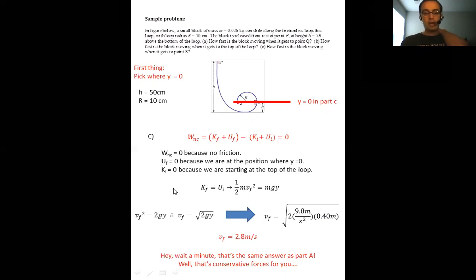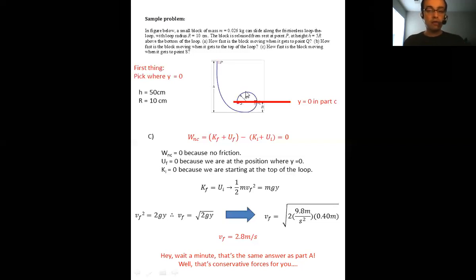And you say, hey, wait a minute, that's the same answer as part A. And you're absolutely right. And that's the advantage, or the thing which makes conservative forces really cool. This is a spectacular example of path independence. The change in potential energy from this height to this height, it doesn't matter how you got there, whether you dropped it in a straight line, whether you went down and up, whether you did a loop-de-loop.